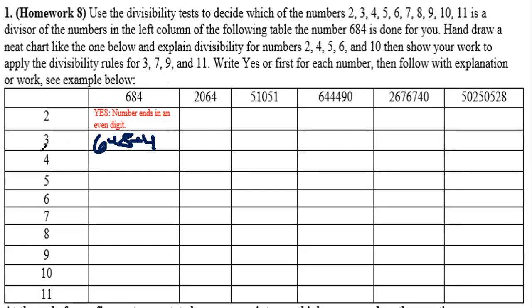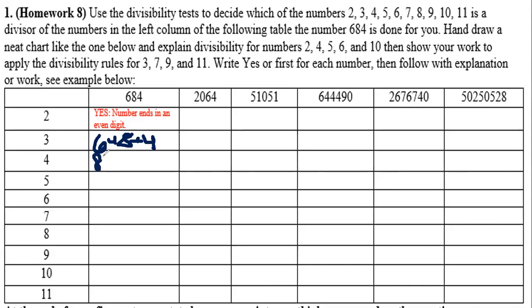Now for 4, you need to know that the last 2 digits of a number have to be divisible by 4 for the whole number to be divisible by 4. So with 684, the last 2 digits are 84.